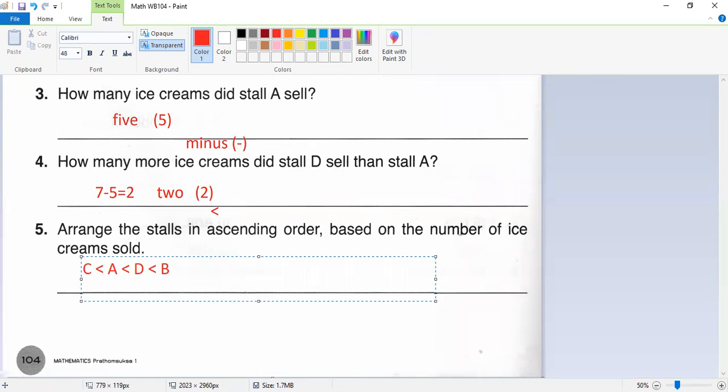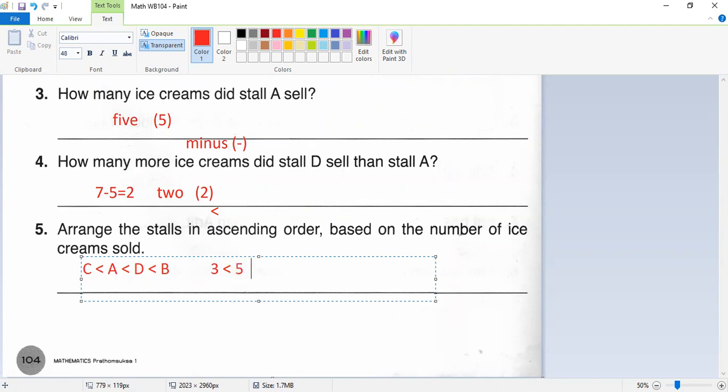Even though it doesn't ask, let's put the numbers in so we can see why it's ascending order, smallest to biggest. Stall C was 3. 3 is smaller than stall A, which had 5.